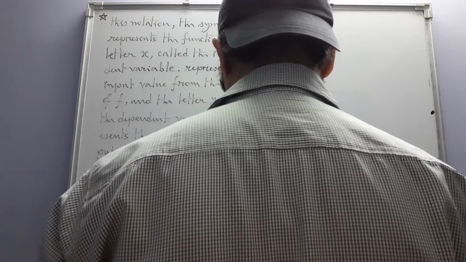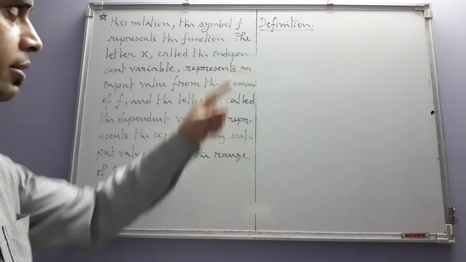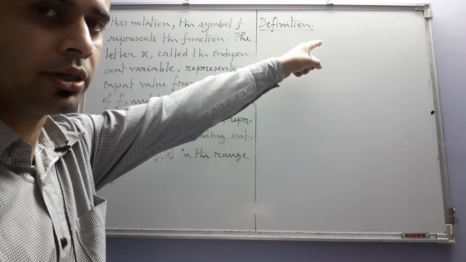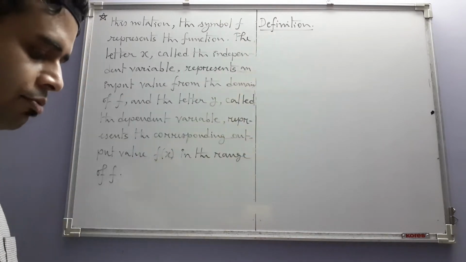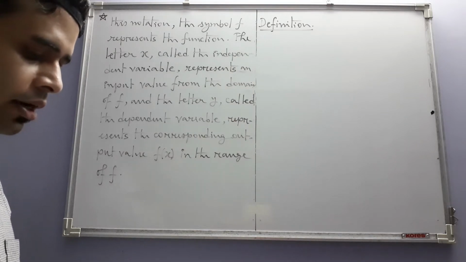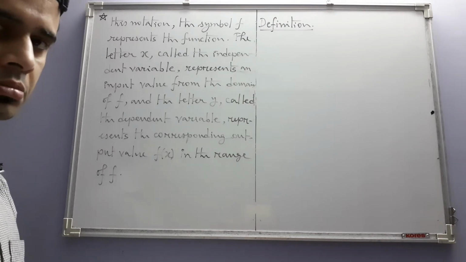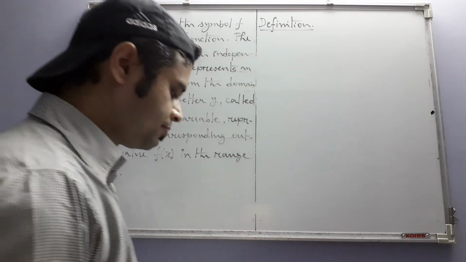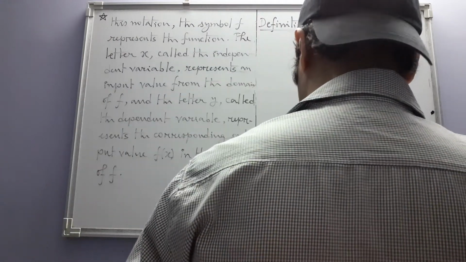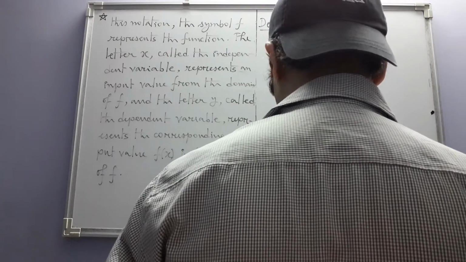Although the definition of a function can be given much more generally than what we are going to write here, but for our purposes this definition is enough, where our domain and range are going to be sets of real numbers. In general, as we have discussed, the domain and range of a function can be any set.